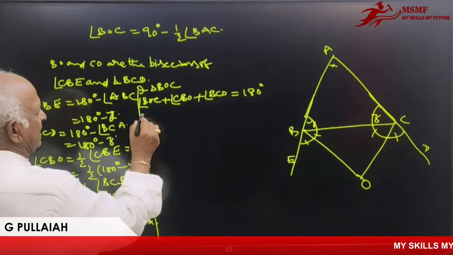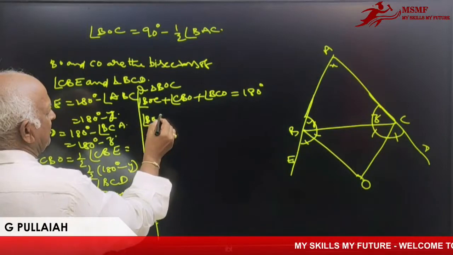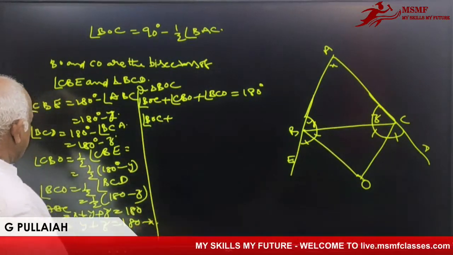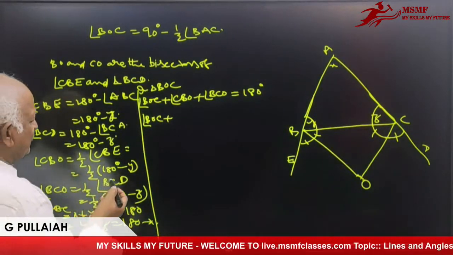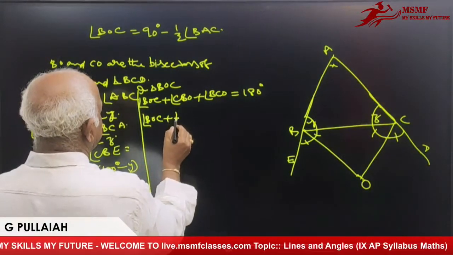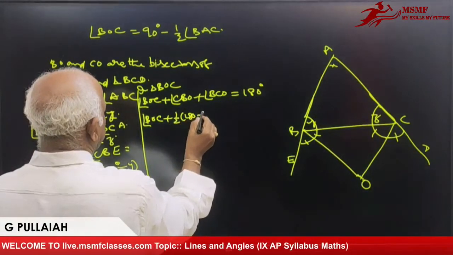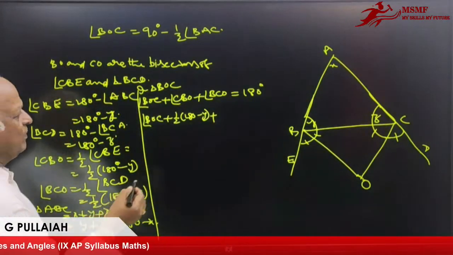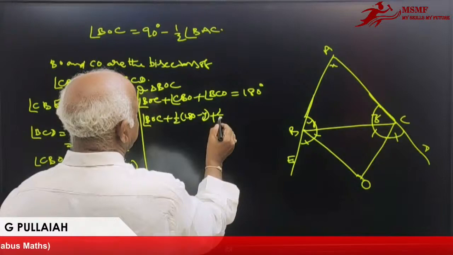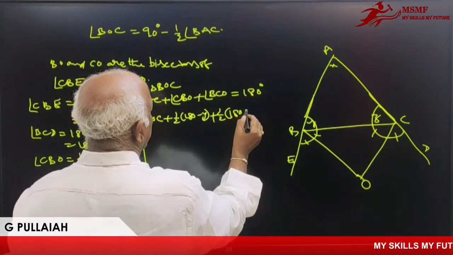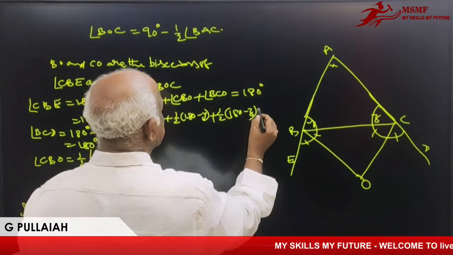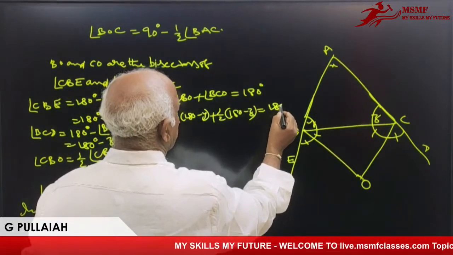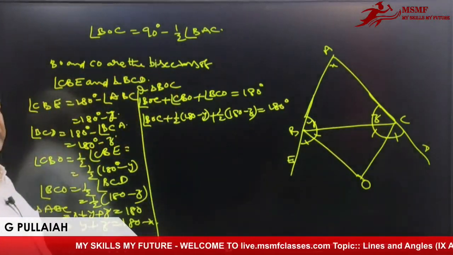Here, angle BOC plus angle CBO, half of 180 minus y, plus angle BCO, half of 180 minus z, all these are equal to 180 degrees.